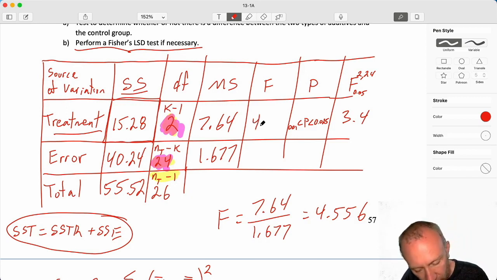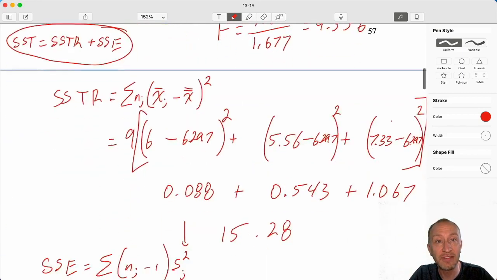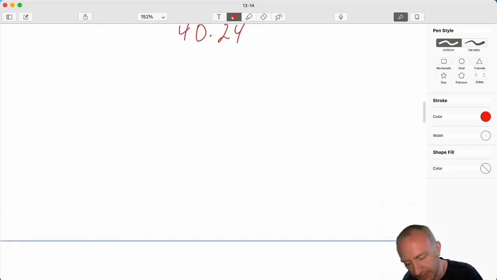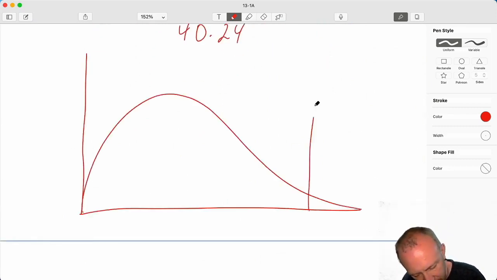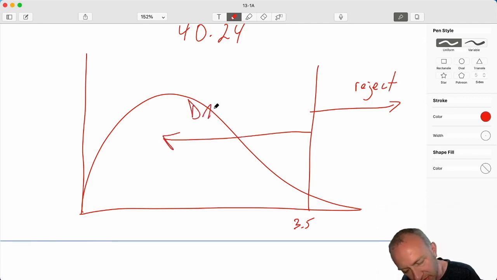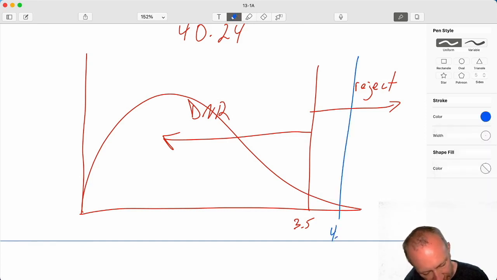So, what does that mean? If our test is being done at the 0.05 level of significance, here we are. We have an F distribution. We have a critical value here, approximately 3.5. That defines the rejection space and the do not reject space. Our test statistic is somewhere up here at 4.5.